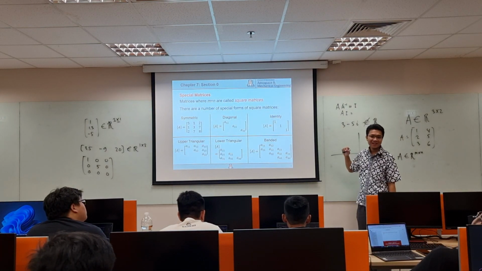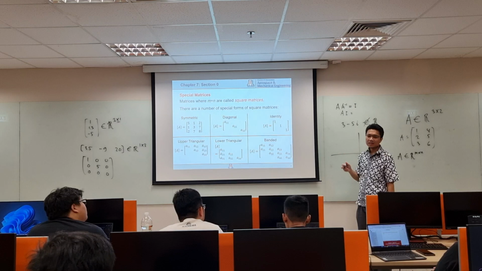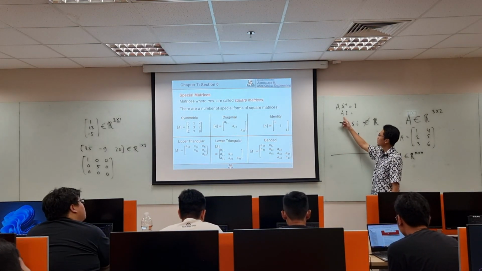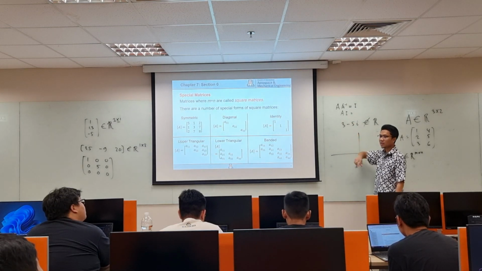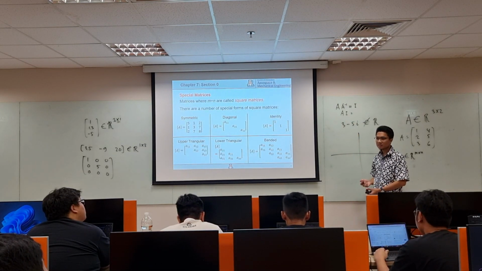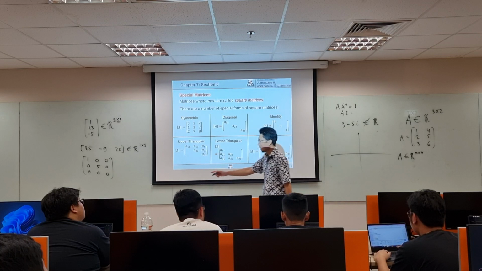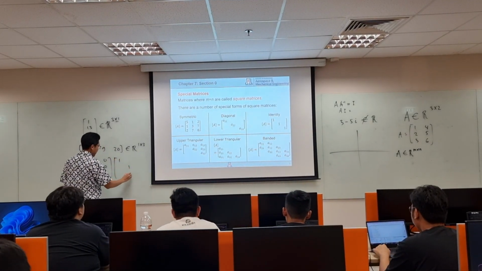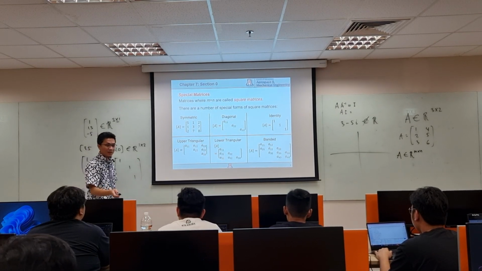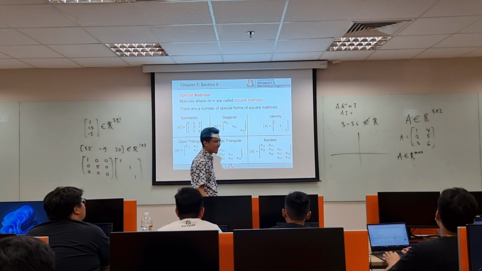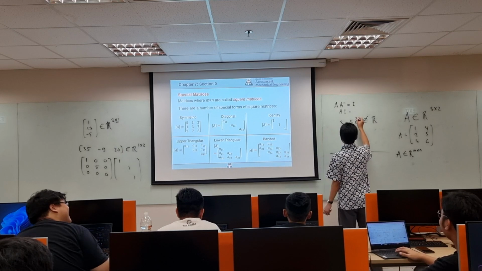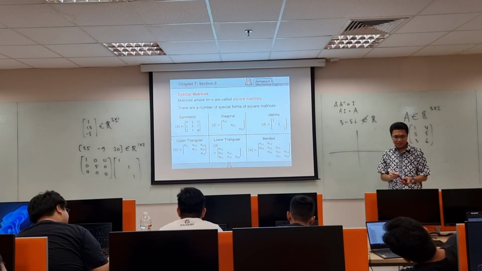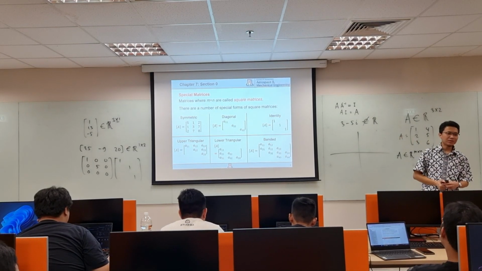We get A. Yes, we get A. Any matrix multiplied by identity will become itself, which is why it's called identity.